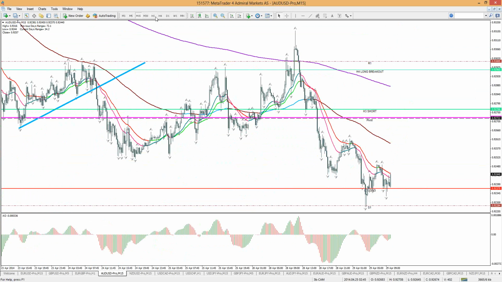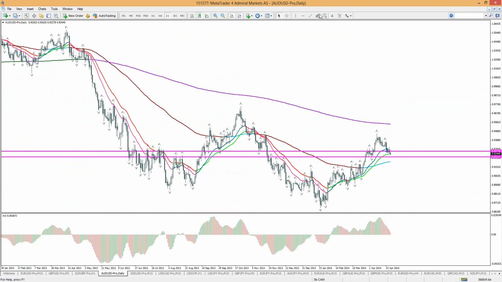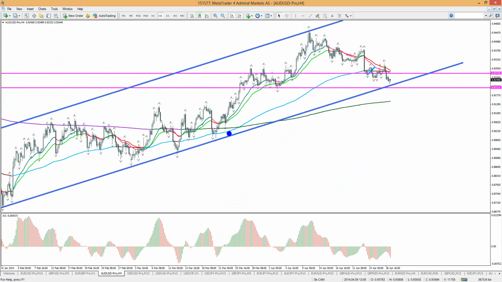Let's see. Now the reason why I see it also as a good potential bounce is just because of the long-term time frames. If you look at the daily chart, we're at a potential bottom of a daily uptrend channel. Right? So that is one reason. Also, if you look at this 4-hour chart, what do we see on the left?